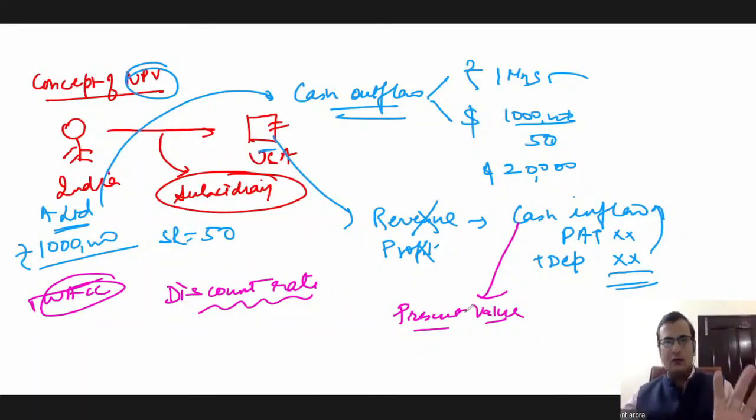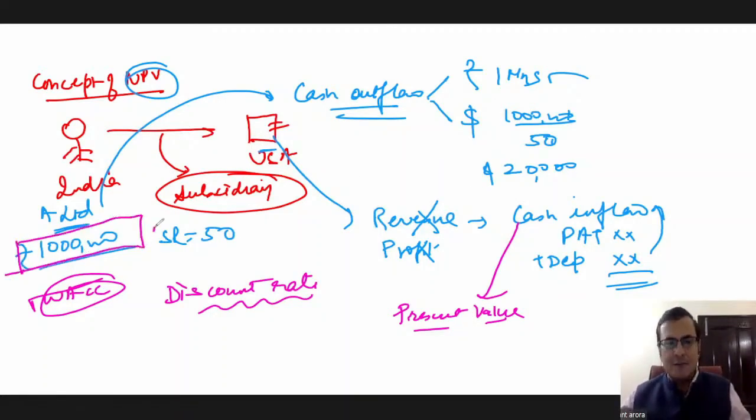Till now, for the last 5 minutes, I have taught you what you must have studied in your CA Inter. Now I'm coming to the concept that you will be using in this chapter from the previous chapter. Which chapter, sir? Beta, the Forex chapter. Yes, sir. So one concept you have already used. What concept have you used from Forex? Sir, we have converted this INR with the help of the spot rate to calculate the cash outflow.